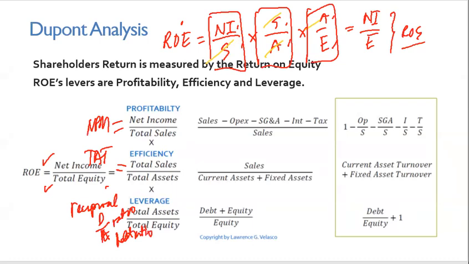Okay? So actually, parang kinategorize na yung themes ng what makes ROE. What should you do to improve ROE? Kasi yung una nating measure, NPM, okay? Actually, parang related yan sa profitability, di ba?